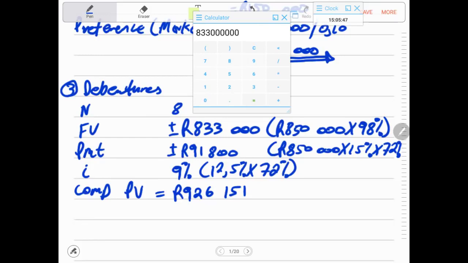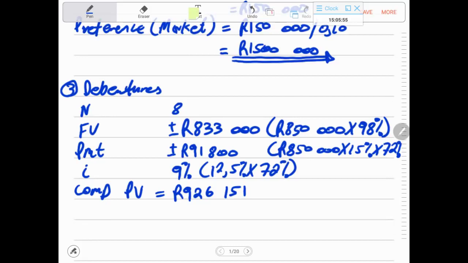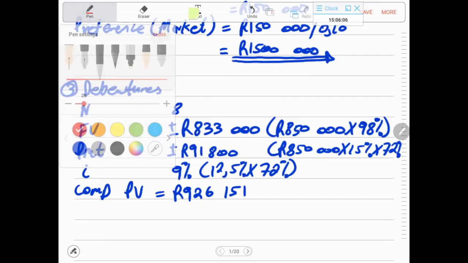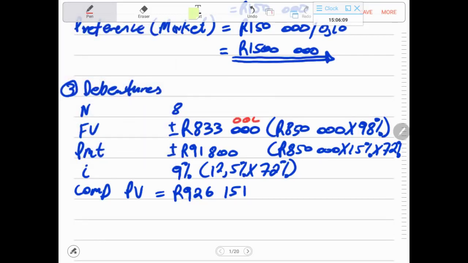It gives me 833 million, because I need to take into account all the zeros. So it's only 833 million. Because my ordinary shares were all with the zeros, I took them into account. So I will only have to add zeros. For the PMT, it will be a total of 91,800,000 rands. So I only have to add the zeros.